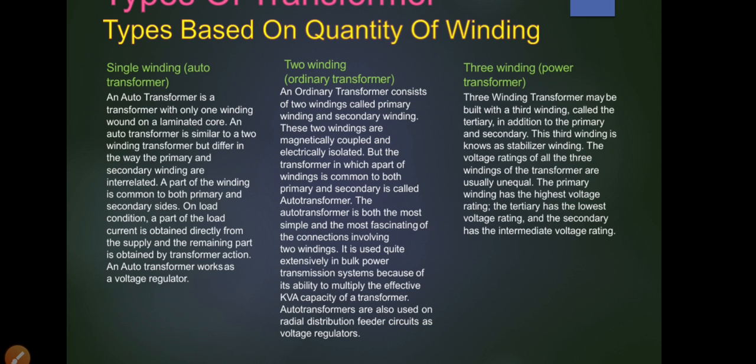The primary winding has the highest voltage rating, the tertiary has the lowest voltage rating, and the secondary has the intermediate voltage rating. So these are the three types of transformers based on the quantity of winding: one is the single winding auto transformer, two winding ordinary transformer, and three winding is a power transformer.